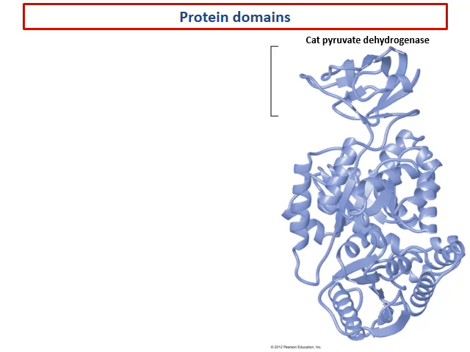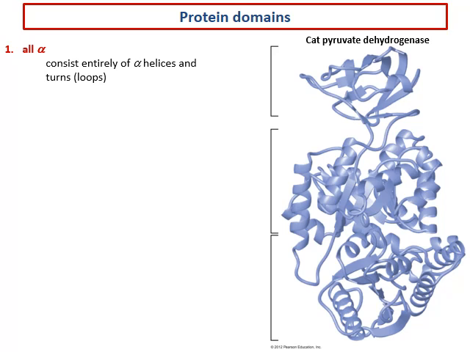So if we look at pyruvate dehydrogenase, you can see we have an area where we have a lot of beta sheets. We have areas where we have primarily alpha helices, or we have mixtures of the two. And so on one level, we can talk about protein domains in terms of their secondary structure.